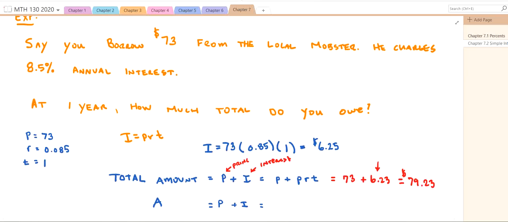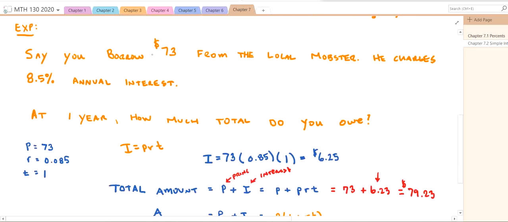Now notice, this equation here, we could pull the P out, and this will be 1 plus RT equals the amount that we owe, A. Now, I don't think you need to memorize this equation here. The only thing you really need to concentrate on is the I equals PRT, and then just use logic to determine what you need to determine.